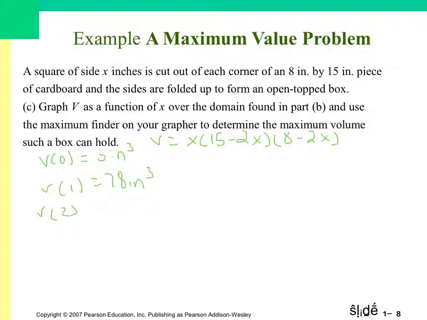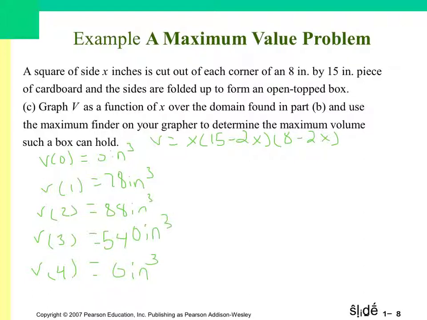Plug in 2, you get 2 times 11 times 4, 88 inches cubed. Plug in 3 times 9 times 2. So it's already going back down. So it looks like the max is going to be somewhere around 88. So plug in 4, you're going to get 0 again.